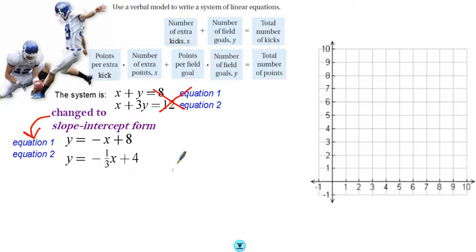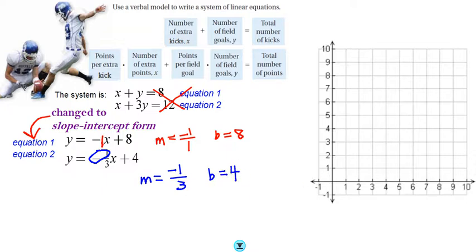Okay? So the slope for this is negative 1 of invisible 1, which is negative 1 over 1 in fraction. And the y-intercept will be 8. Then equation 2, the slope is negative 1 over 3, and I'm going to make the top number negative, so negative 1 over 3, and then the y-intercept is 4.